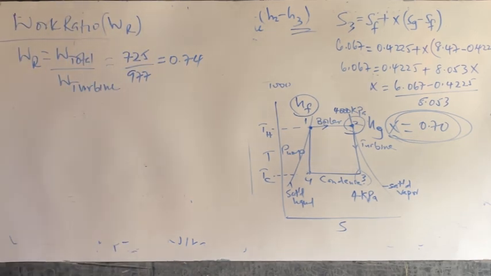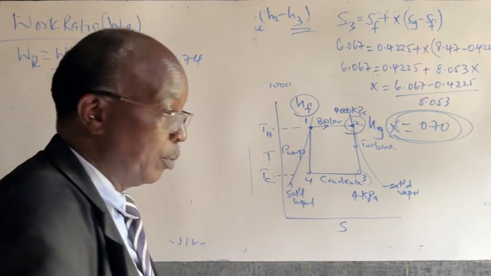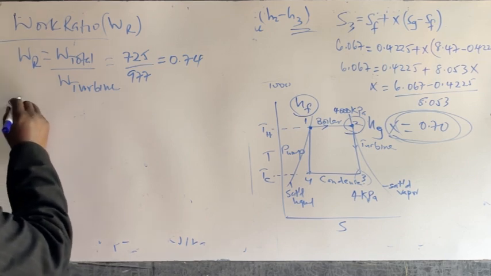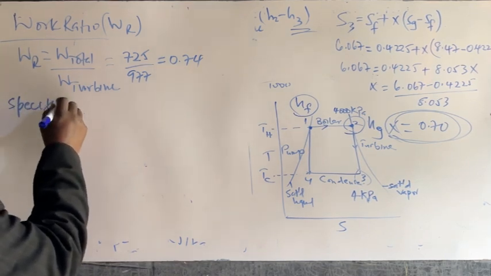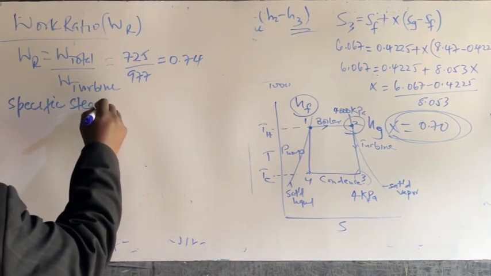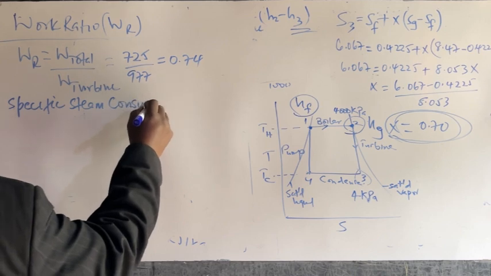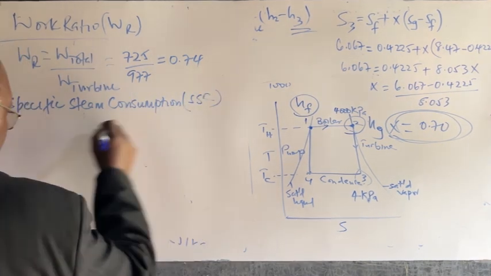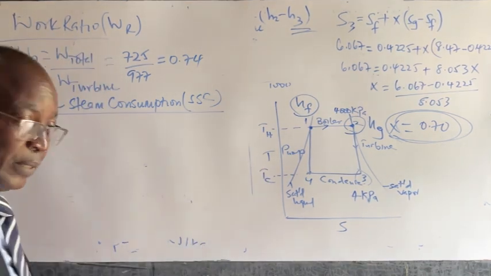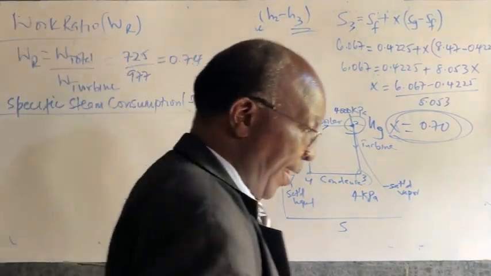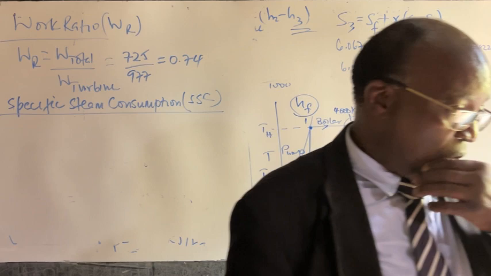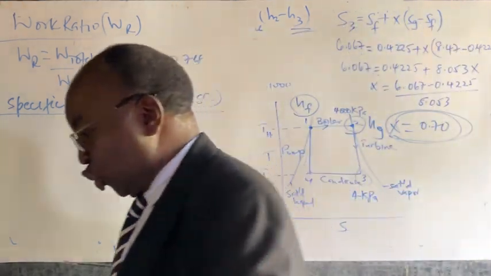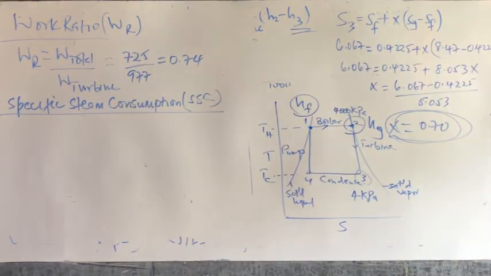Now, the last parameter which you want to compute is the specific steam consumption value, what we call SSC. That is the amount of steam consumed per kilowatt hour.